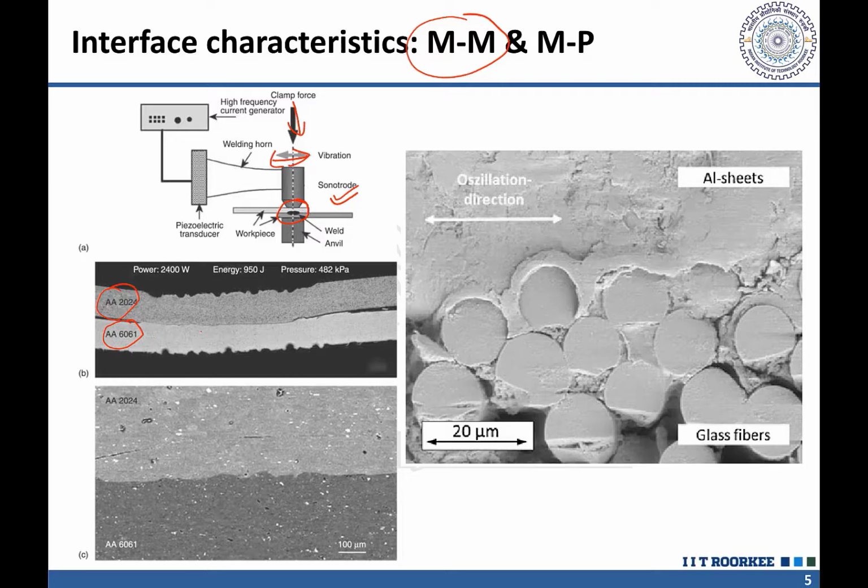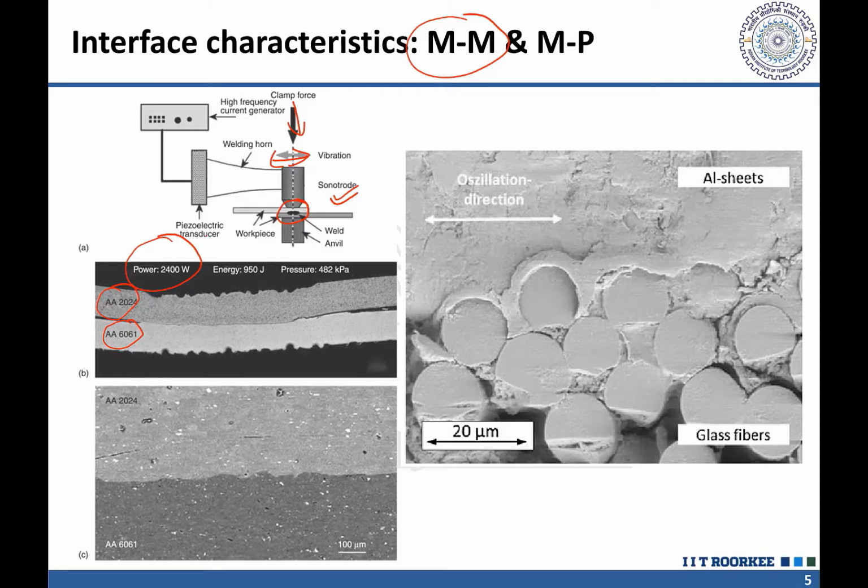What the joint morphology will be, the extent of heat generation, the maximum temperature rise, whether there will be melting or no melting, just thermal softening, all that depends on the amount of energy being supplied.